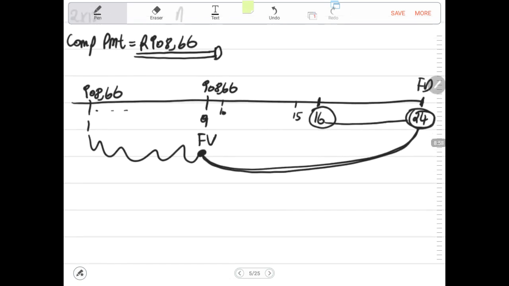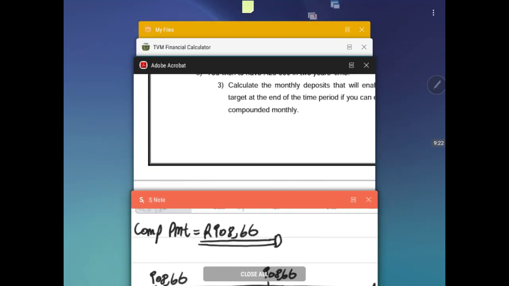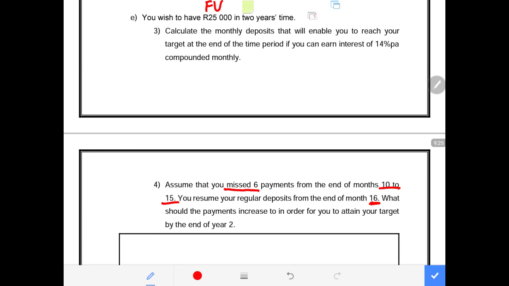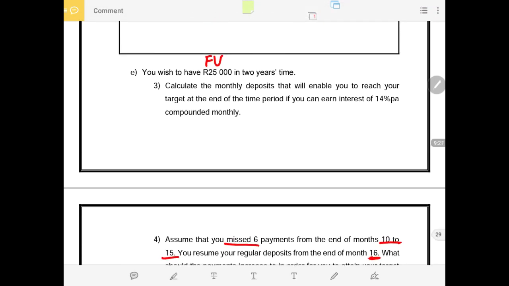So we are calculating the future value of the payments up to the last payment, which is month number 9. We have plus minus 908 rand 66 cents, and this is our monthly payment. And our interest rate is 14%, 14 divided by 12, just verify that. 14% compounded monthly, yes.